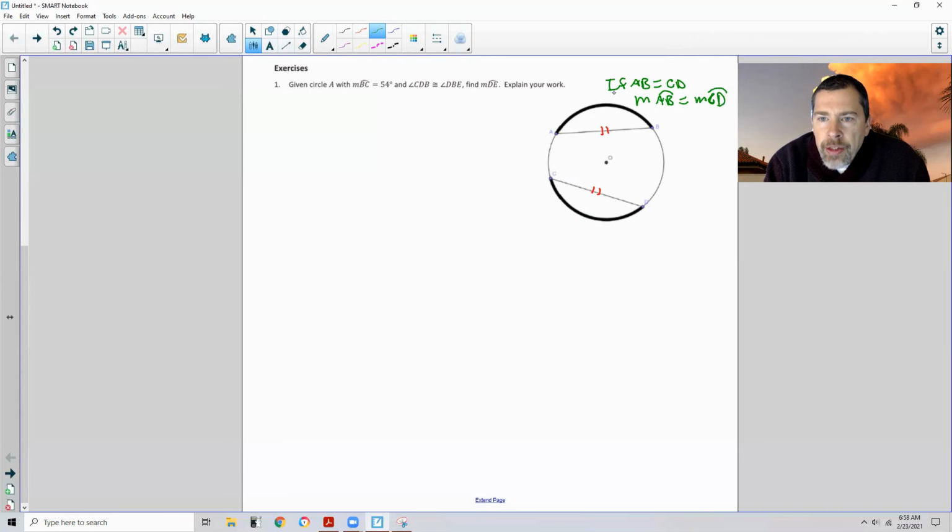I should have a comma there and a then. If AB equals CD, then the measure of arc AB equals the measure of arc CD. So if we have two subtended arcs in a circle and the chords are congruent, the arcs have equal measures. So I wanted to say that before we do this next exercise.